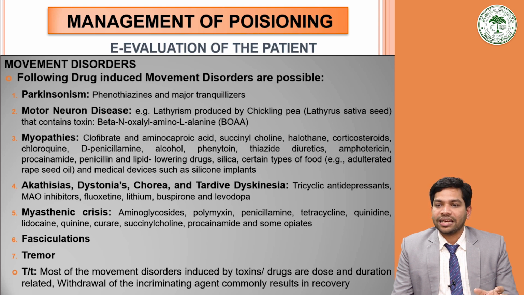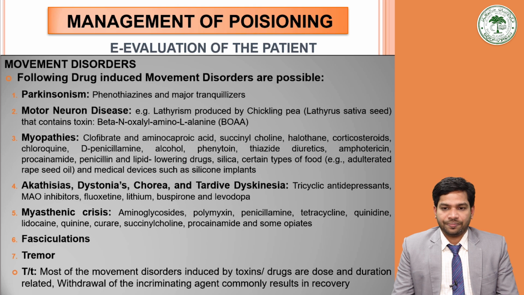Other drugs that can induce toxic myopathies include succinylcholine, halothane, corticosteroids, chloroquine, D-penicillamine, alcohol, phenytoin, and others. Environmental causes may include exposure to silica, certain foods like adulterated rapeseed oil, and medical devices such as silicone implants. They all can cause different types of myopathies.